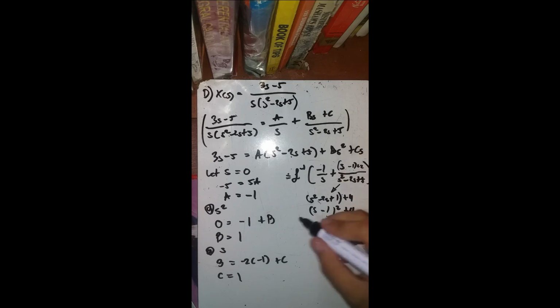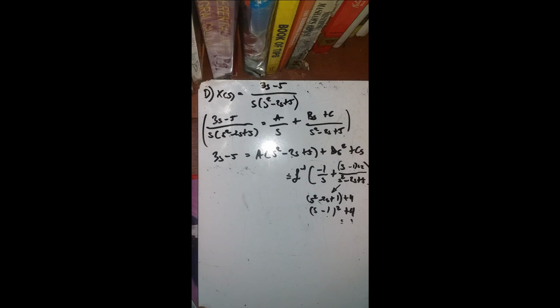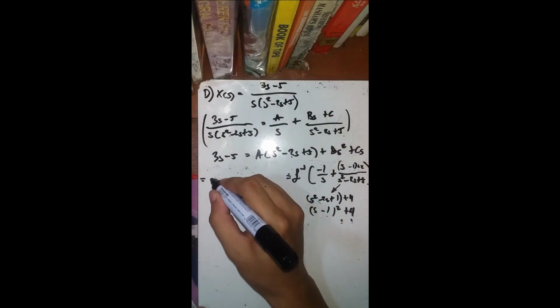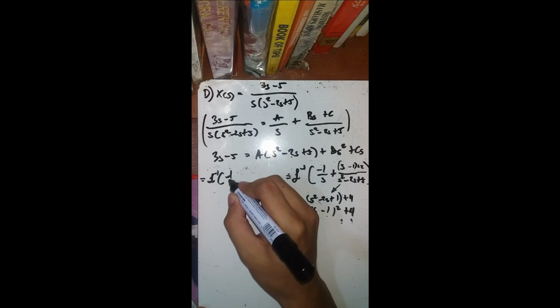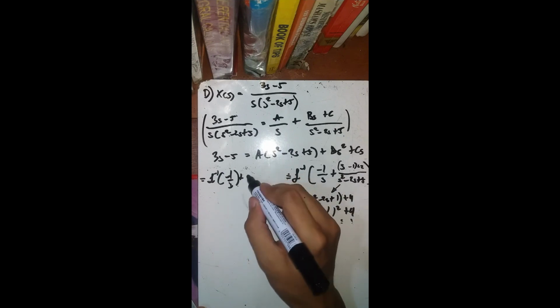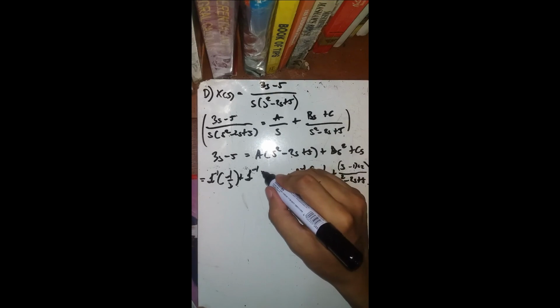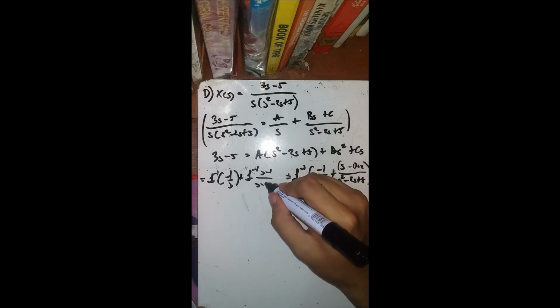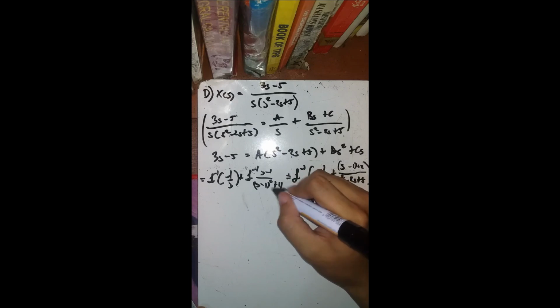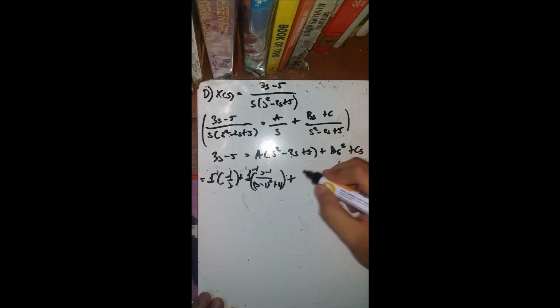So by using linearity properties, we have here inverse Laplace of negative 1 over s plus inverse Laplace of s minus 1 over s minus 1 raised to 2 plus 4 plus inverse Laplace of 2 all over s minus 1 raised to 2 plus 4.